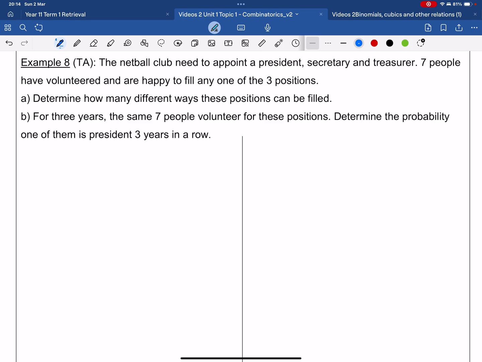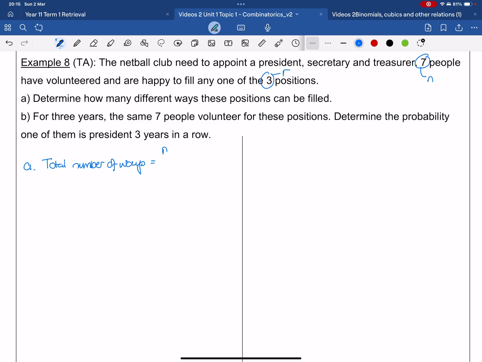So we're then going to be talking about permutations, okay? So let's look at our total number of ways. Well, I've got 7 people, that's going to be my n, and we've got 3 positions.